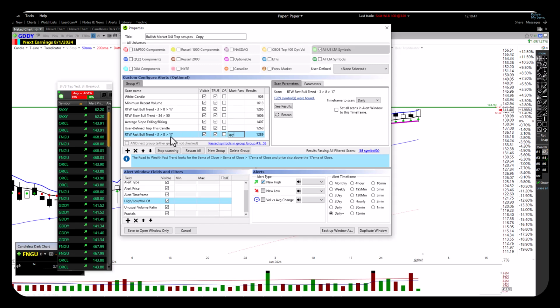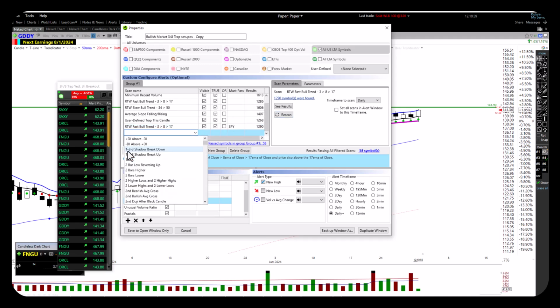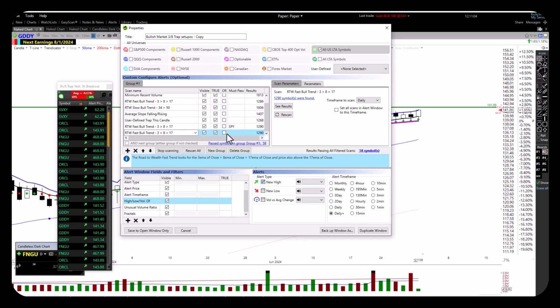So I want this to pass the SPY, okay? Now, what I'm going to do here as well is add another one. Okay, Road to Wealth, fast. Now we've got two, and I'm going to add SPY. It must pass.